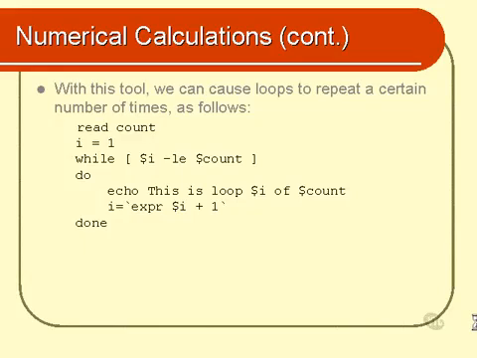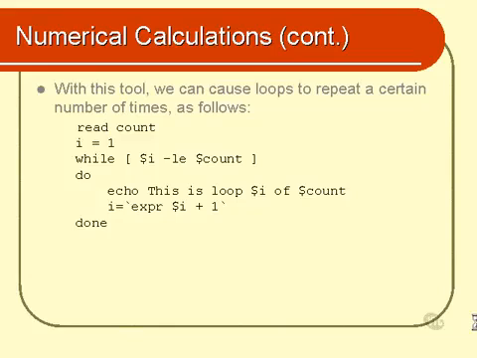Then we set our loop counter to be equal to 1. And I've made a little mistake there on the screen. There's not supposed to be any spaces around that equal sign, but let's assume that i equals 1 there. And we now use the numerical facility built into the test program. Test is quite capable of comparing two numbers to see if one is greater than or equal to or less than the other one.